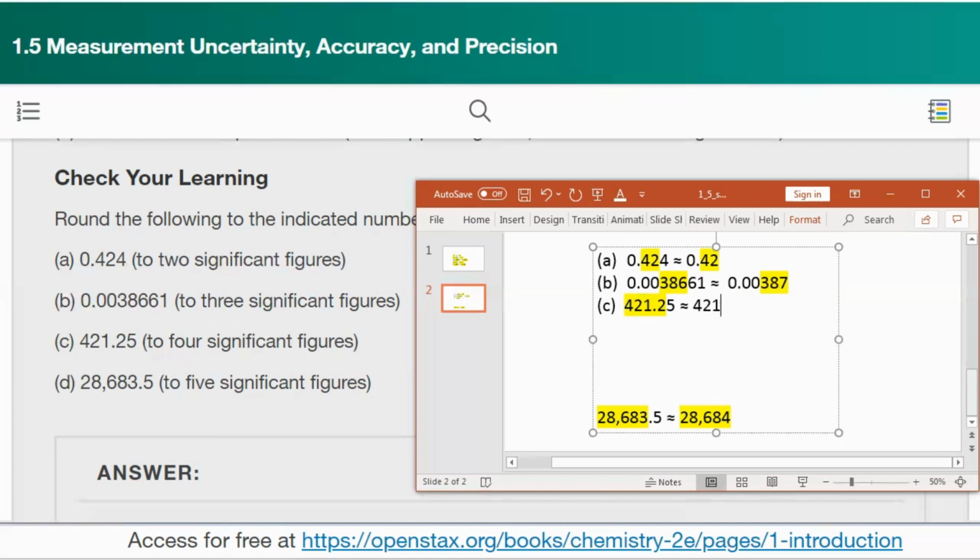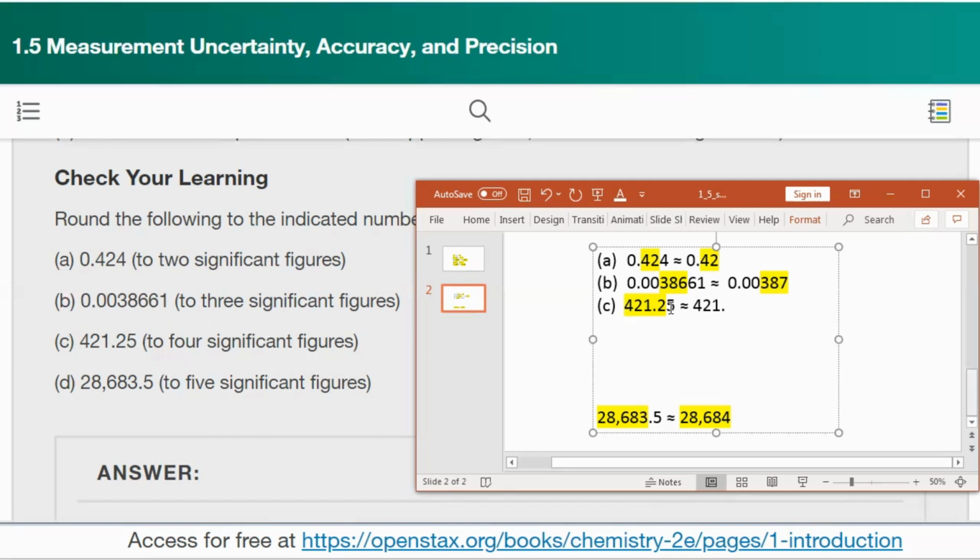421 is set. We don't have to do any rounding. It's the last significant figure we may or may not have to round, but we have to decide how to round it. Since the first non-significant figure that we drop is a 5, we either round up or down.